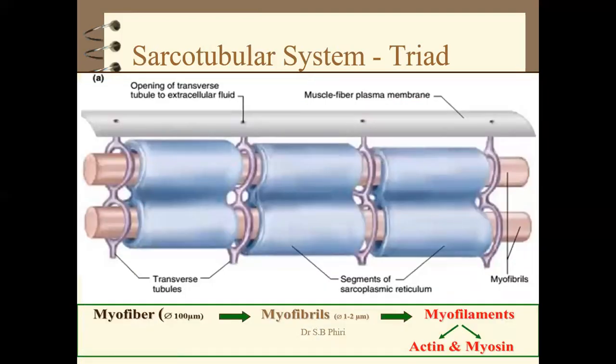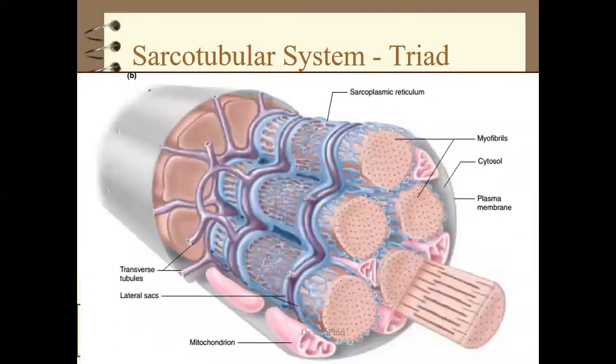It's the same structure here, just appreciating the sarcotubular system. You have the terminal cisternae or the sarcoplasmic reticulum. At the center, you have the transverse tubule system that will spread the action potentials. The composition of the fluid found within the transverse tubule system is identical to that of interstitial fluid, which is part of the extracellular fluid compartment.